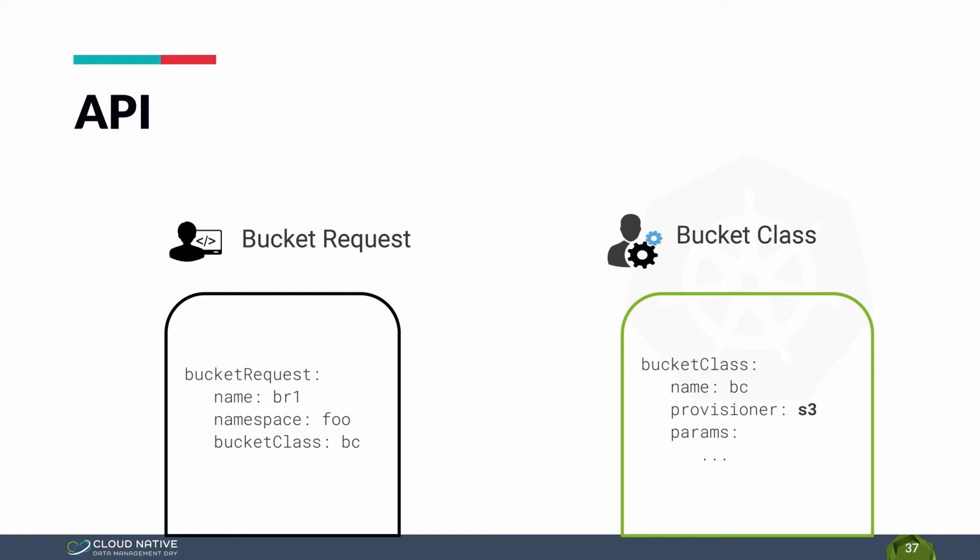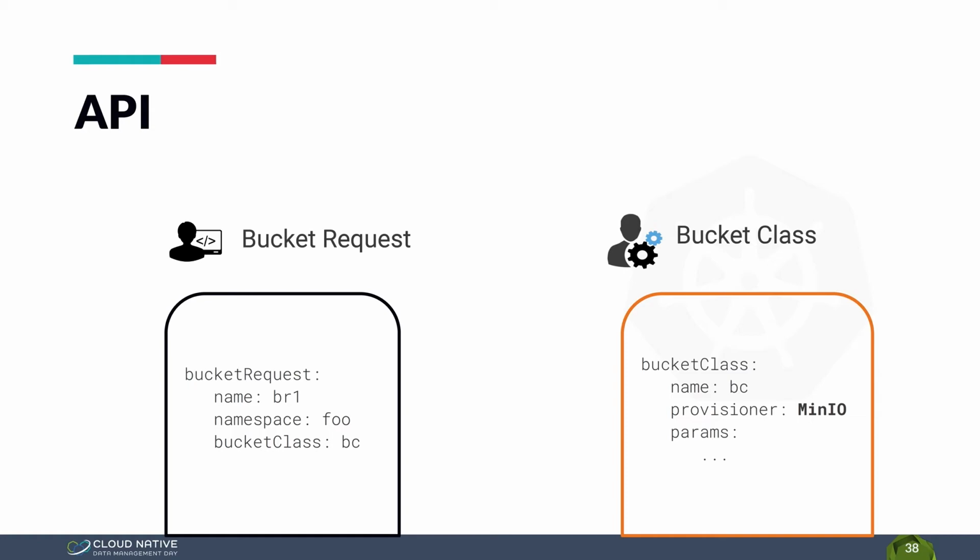Because of the way these 2 resources are defined, where the bucket request is controlled by the developer and the bucket class is controlled by the admin, you can just seamlessly switch the values in the bucket class in your new platform.